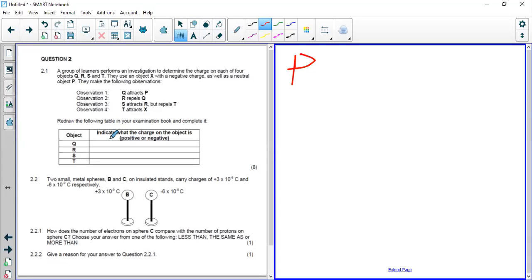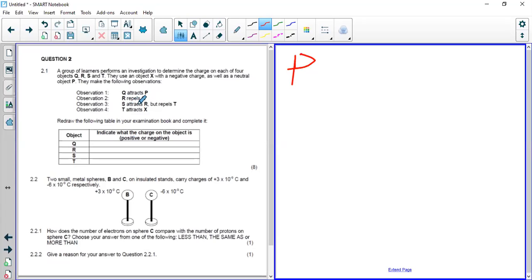So it says observation: Q attracts P. So it means the charge on Q and P is not the same, so they are opposite charges. Then R repels Q. So it means Q and R have the same charge because they are repelling.